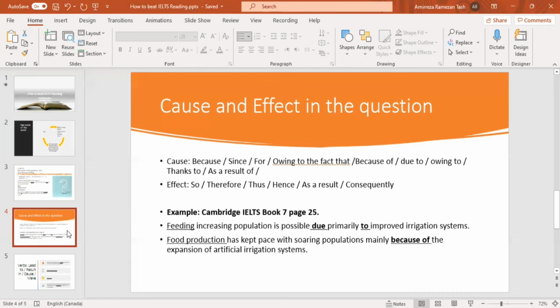So: food production because of artificial irrigation systems. We have all the criteria we need, all the expressions plus the relationship between them, and they are exactly the same as the sentence used as a question. So it is true, or we say it is yes.